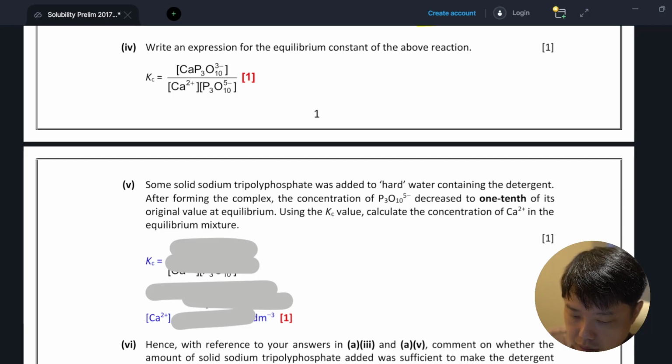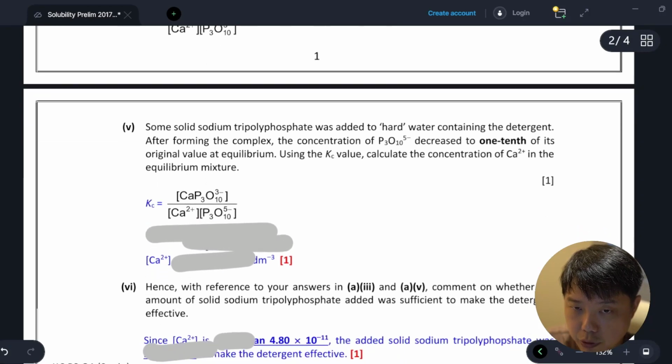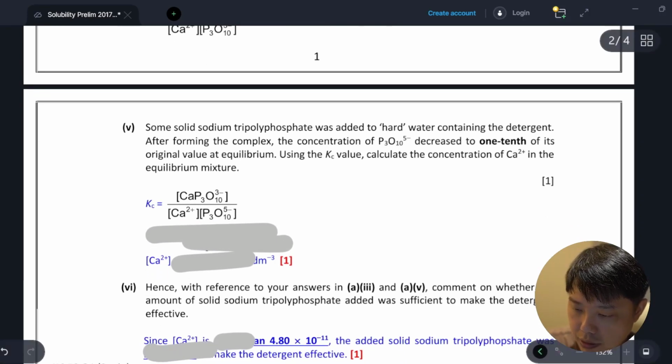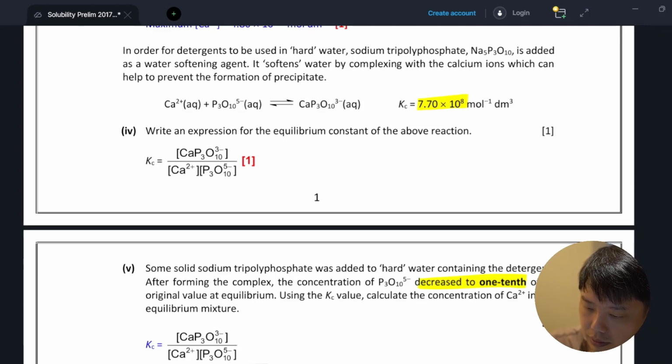Basically we got to understand, this being the Kc expression, what do they mean when they say decrease to 1/10? Remember that for this equilibrium, the amount of the complex is 0 at the start.